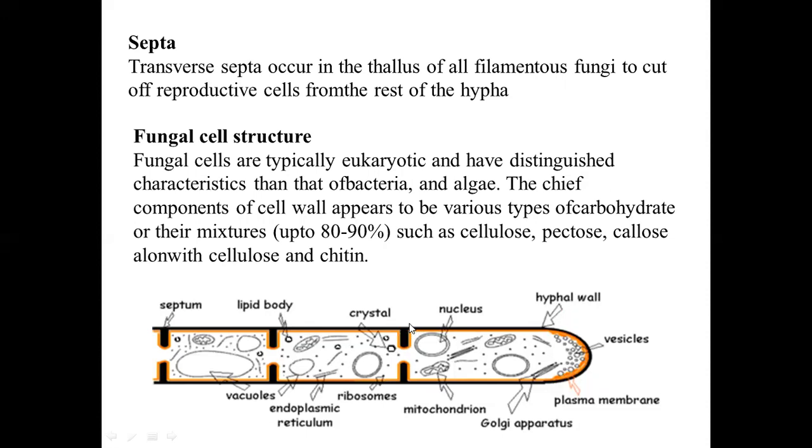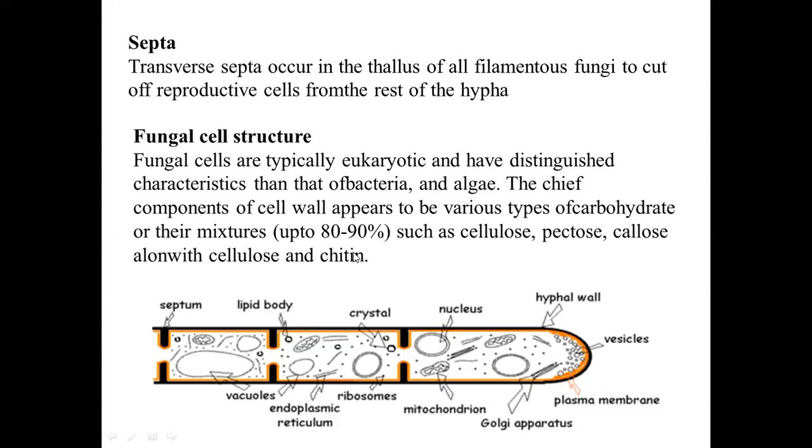Means if the septa increases in between, two cells are developed, it's a certain kind of reproduction, vegetative reproduction. So the septation helps to form reproductive cells and to develop the filamentous fungus.